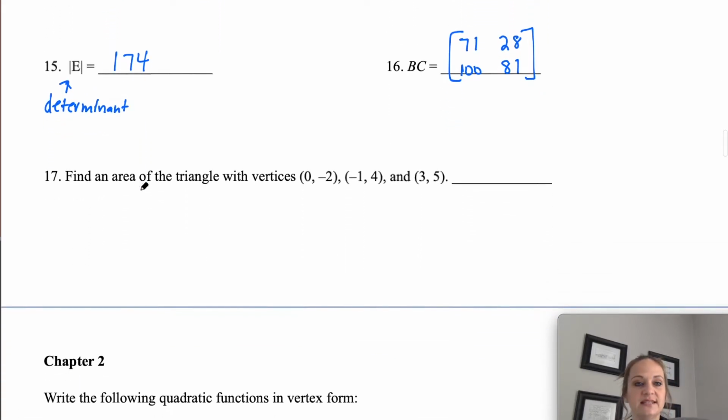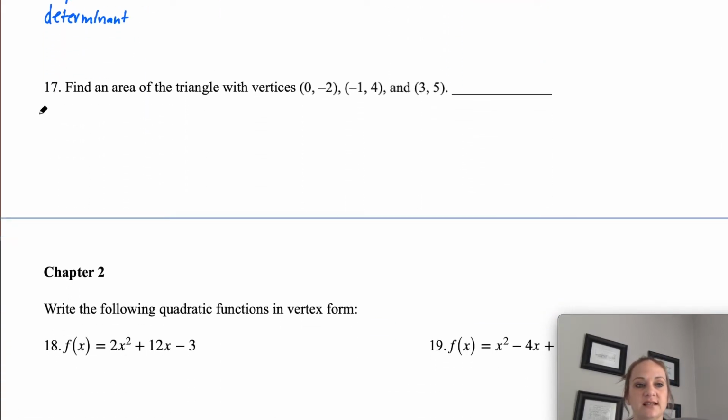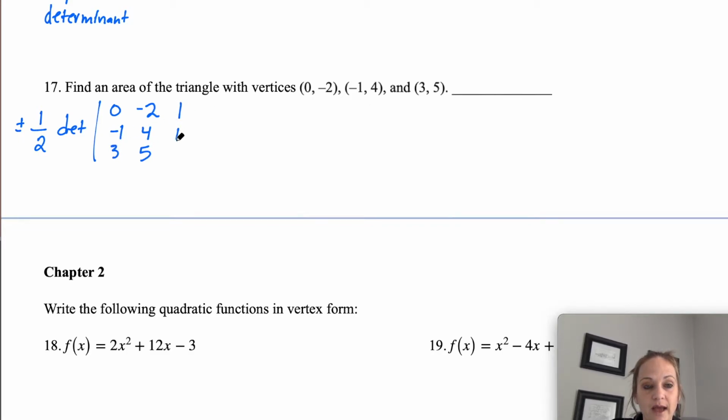Now, number 17, the area of the triangle with the vertices is going to be plus or minus, just make sure it's always a positive, the determinant of the matrix. Now the matrix is going to be 0, -2, -1, 4, and 3, 5, and then you have ones as your last column.